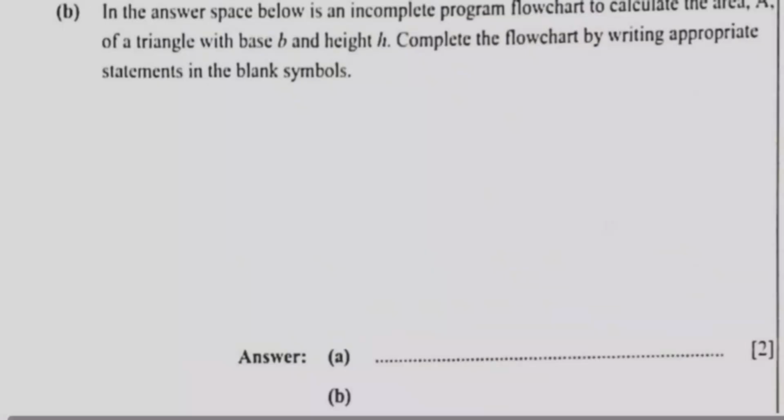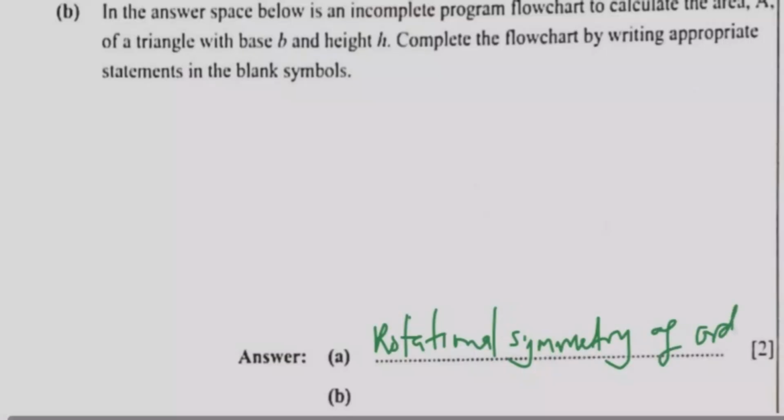So here the answer will be rotational symmetry of order 4. Okay, so that's how you record your answer.